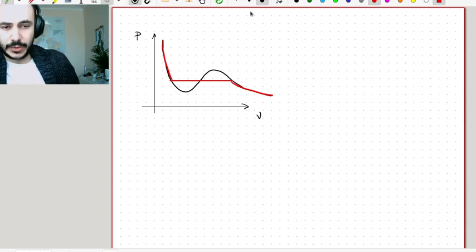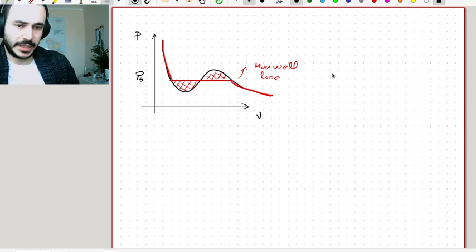And we learned as well that this saturation pressure, this Maxwell line, can be determined by splitting this curve into two equal areas with the line. This is how we geometrically identify the saturation pressure. Let's call it PS for the moment.